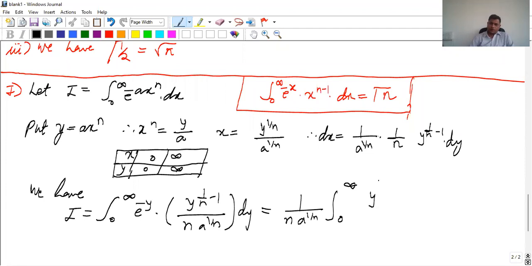And what we have here? y raised to 1 by n minus 1, and you are having e raised to minus y dy. Compare this with the definition of this integral. So what will this integral be? Sir, it will be the gamma function.